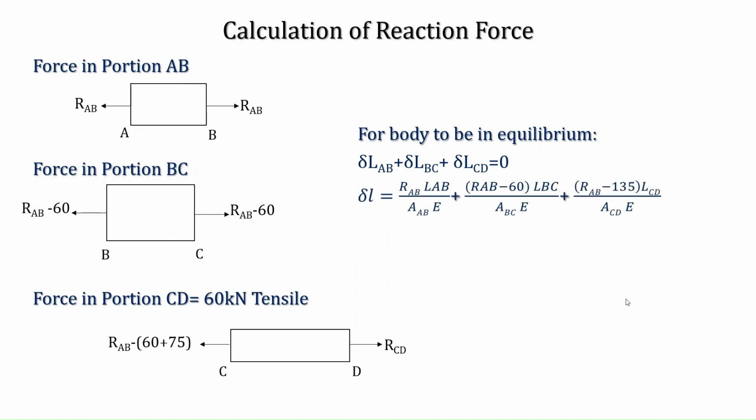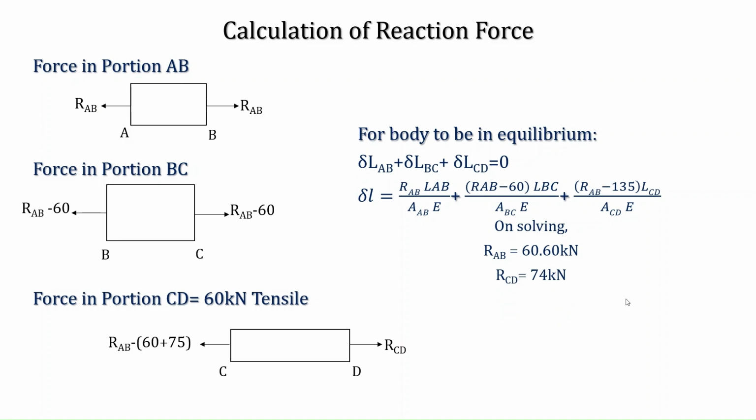With this formula, we can write the equations for the elongation and determine the unknown values of the reaction force. We know that the forces of 60 and 75 kilonewton are already acting on the member. Substituting the values, we get the reaction at the portion AB to be 60.60 kilonewtons, and the reaction at the component CD end is 74 kilonewtons.